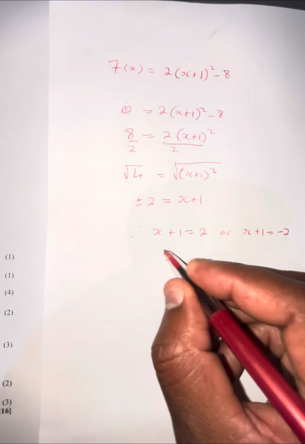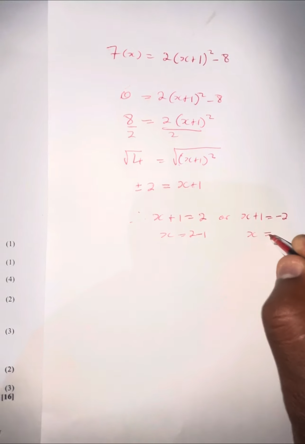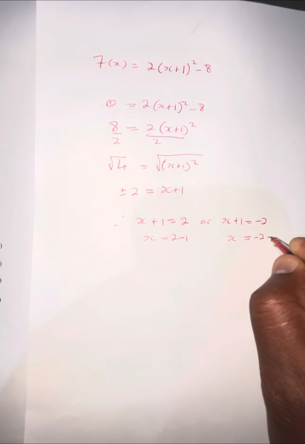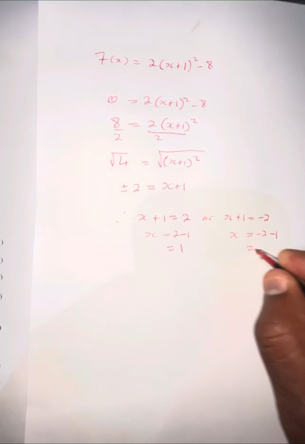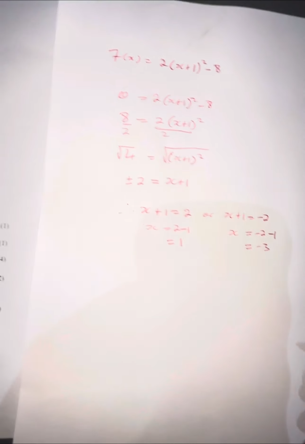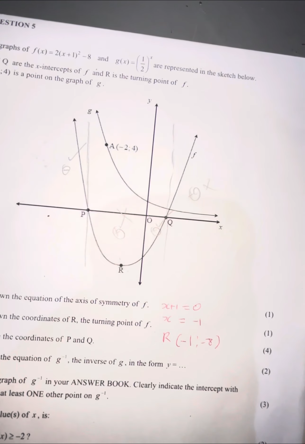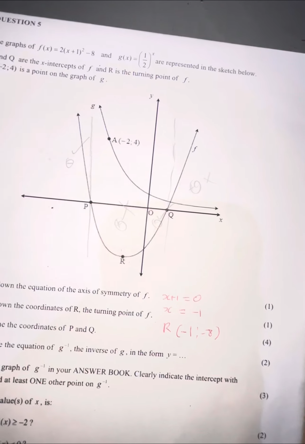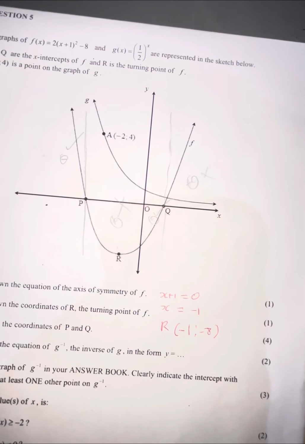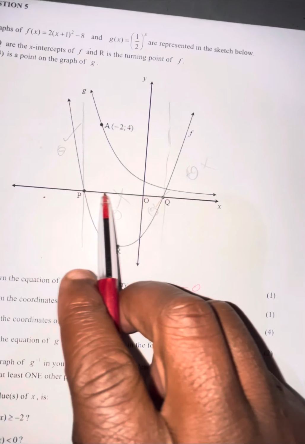So x will be 2 minus 1, and here x will be -2 minus 1. So x equals 1, or x equals -3. It means the coordinates of P will be (-3, 0), because it's the x-intercept.